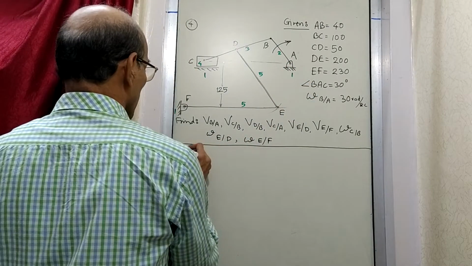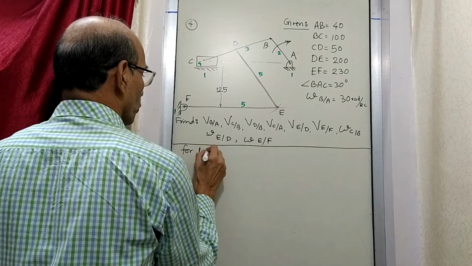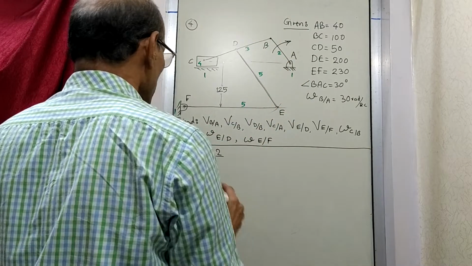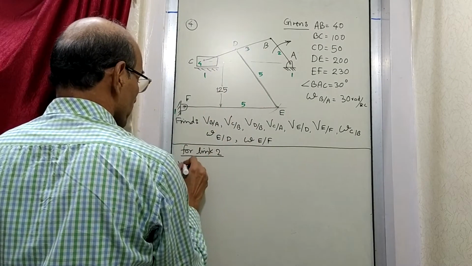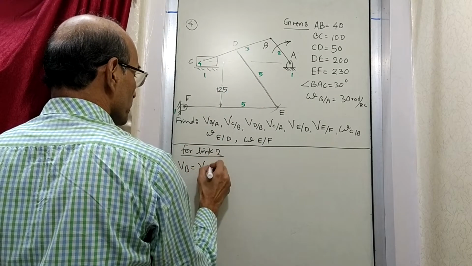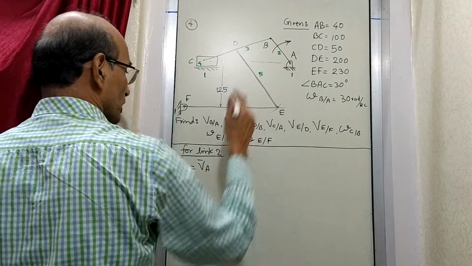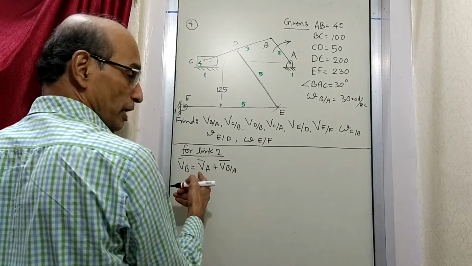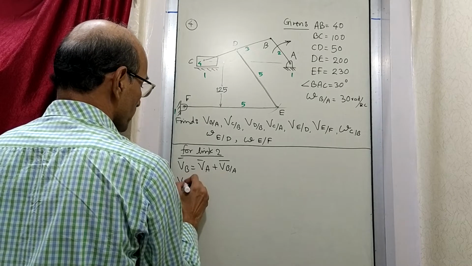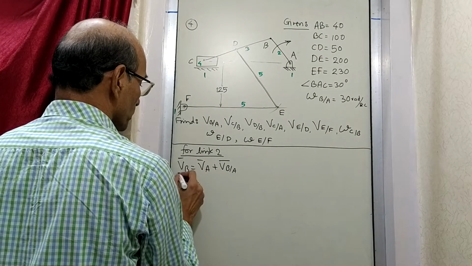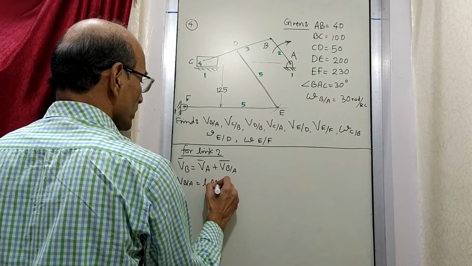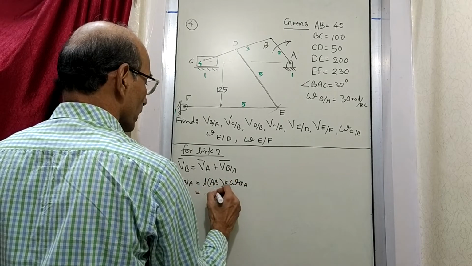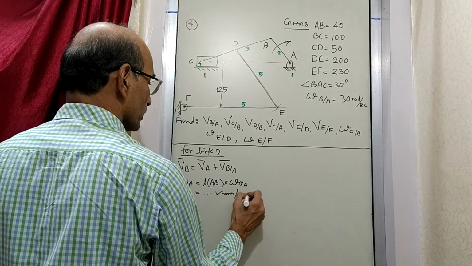So for link number 2, we say velocity of any point B is equal to velocity of a point which we know, that is point A, plus velocity of B relative to A. Now here velocity of A is 0 and this vector is given by magnitude, length AB into the angular velocity of B with respect to A, and this value we know, millimeters per second.